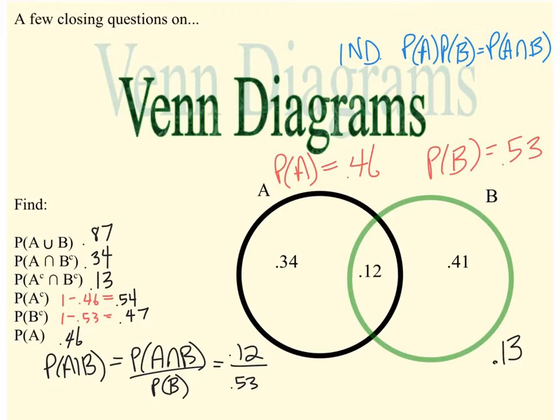We could say, well, is 0.46, the probability of A, multiplied by 0.53, is that equal to 0.12, the probability, according to the Venn diagram, of A and B? And if you multiply 0.46 times 0.53, you get 0.24. So the answer, of course, we've got to make this a not equal right here. The answer is no. They are not independent. They are dependent.